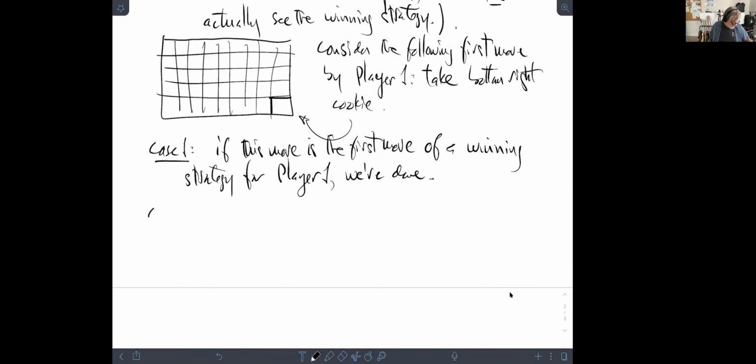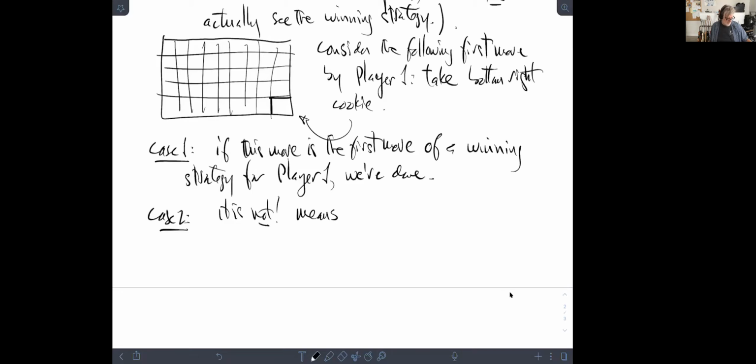So second case is it is not. So what does that mean? It is not the first move of a winning strategy. So that means that player two can respond with some move such that player one will never be able to win after that. All right. So this means this.